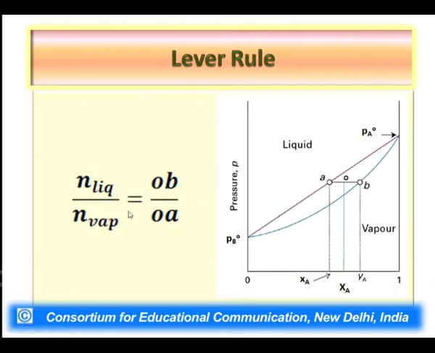In this manner, just by using the amount fractions of the liquid phase, the vapor phase and the overall system, we can determine these lengths of line segments, and therefore the ratio of the total number of moles of all the chemical species present in the liquid phase to that in the vapor phase.